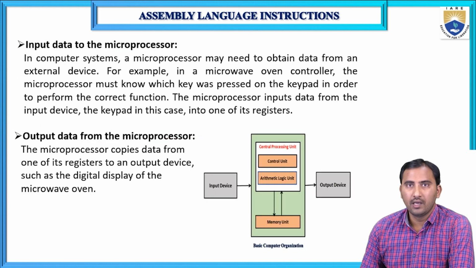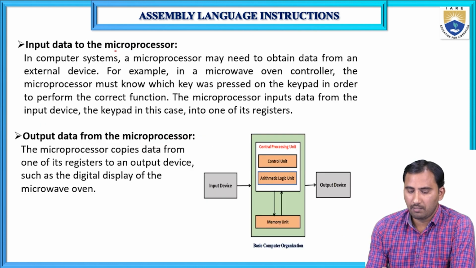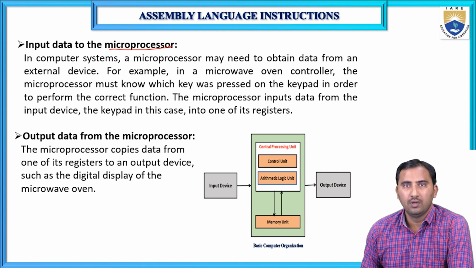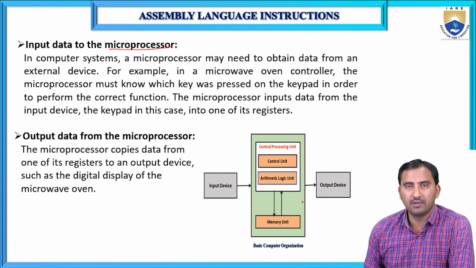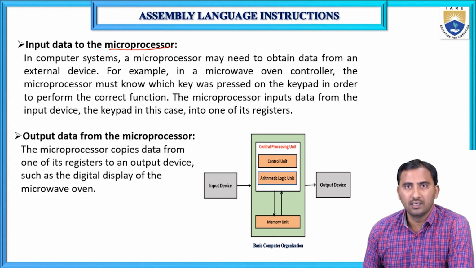And next, input data to the microprocessor. We already know the functioning of the computer. The computer accepts data from the outside world using an input device. From the input device, the computer takes the input, then processes it.